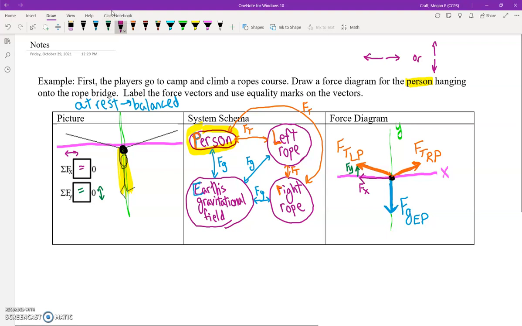So let's draw in another set of components for my other diagonal force. And that is my X component going to the right and my Y component going up for the right rope's tension.